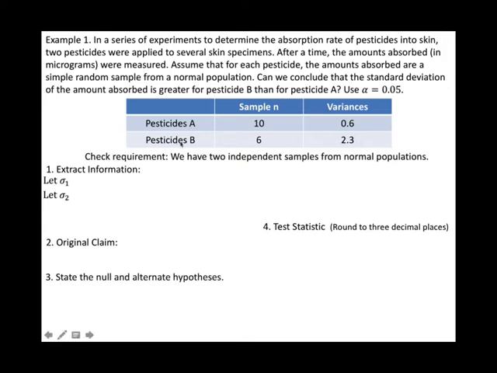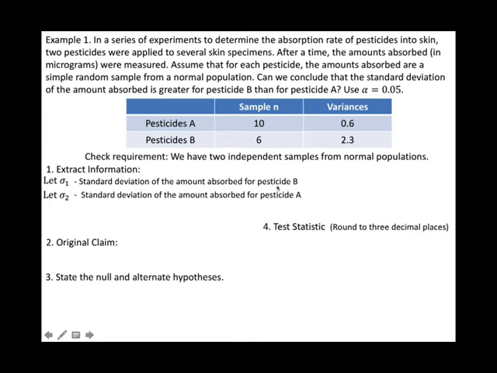We're going to take pesticide B as population 1, right? Because this is the larger sample variance. One more time: when you have the largest sample variance or the largest sample standard deviation, that will be your population 1. So the standard deviation of the amount absorbed for pesticide B will be your population 1, and pesticide A will be your population 2.